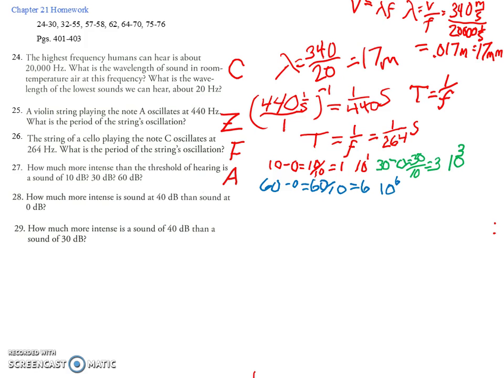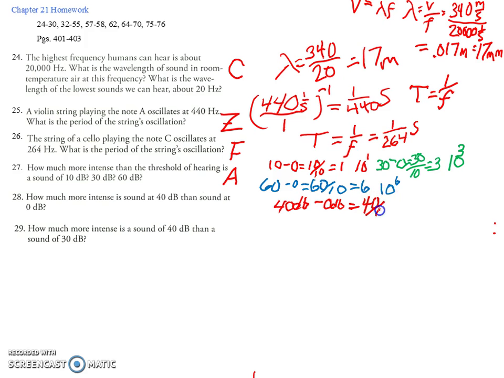How much more intense is the sound of 40 decibels than 0? So we have 40 decibels minus 0 decibels, which is the threshold of hearing, equals 40.